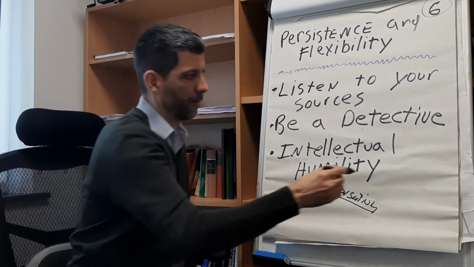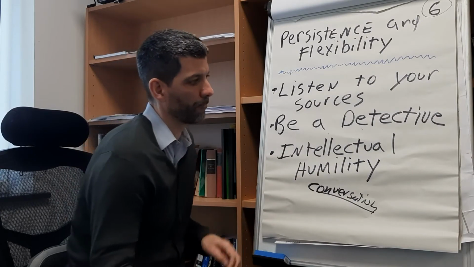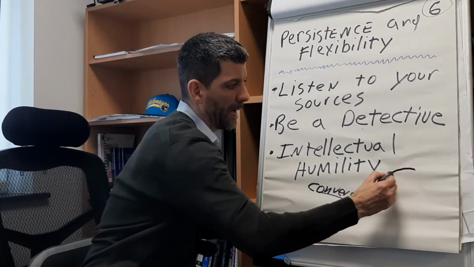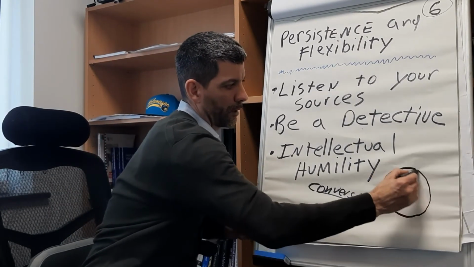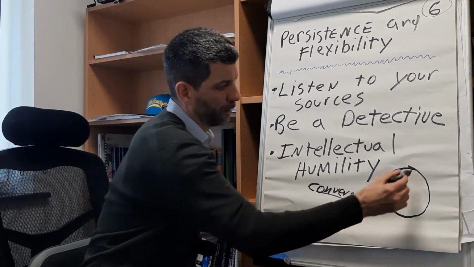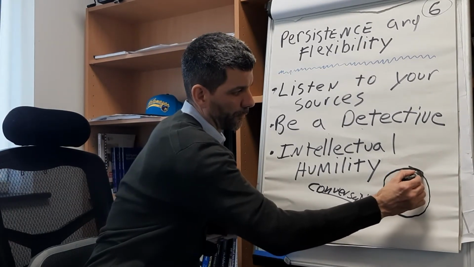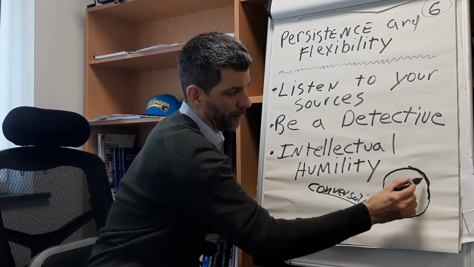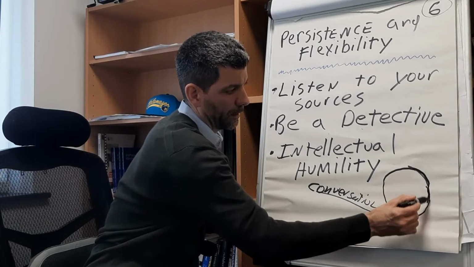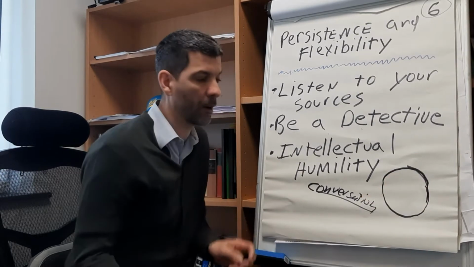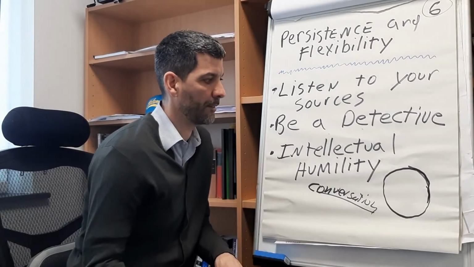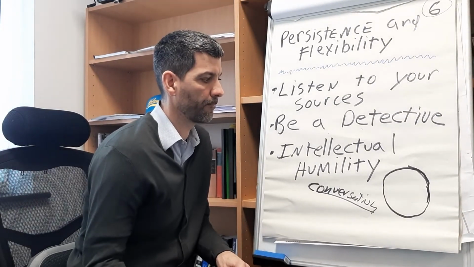And if we think of the sum total of knowledge of a field as some sort of circle, you're joining in the conversation and you're just adding a tiny bit more to that field.